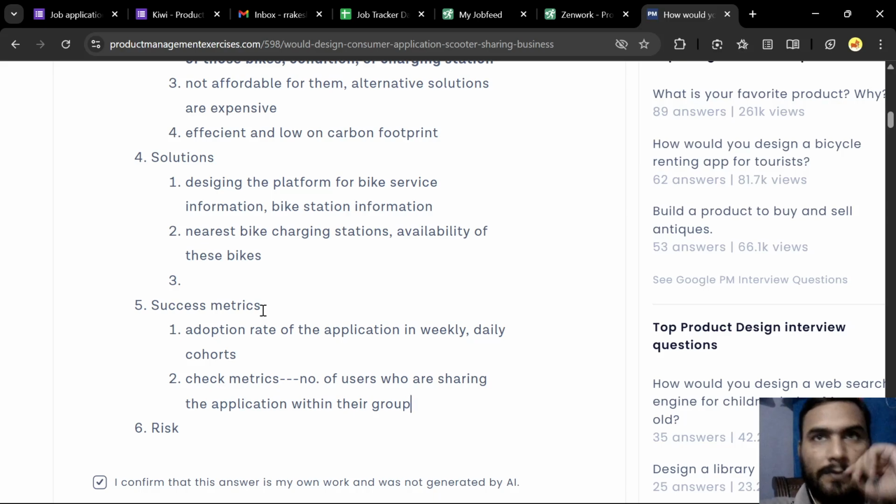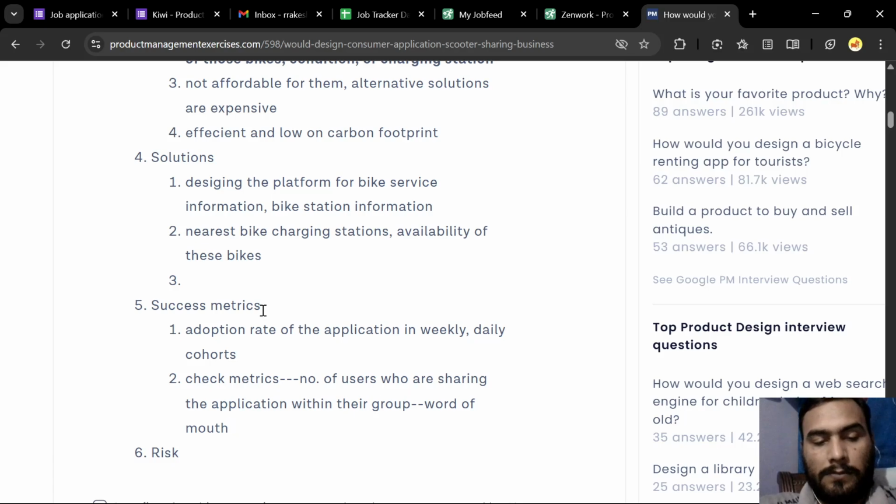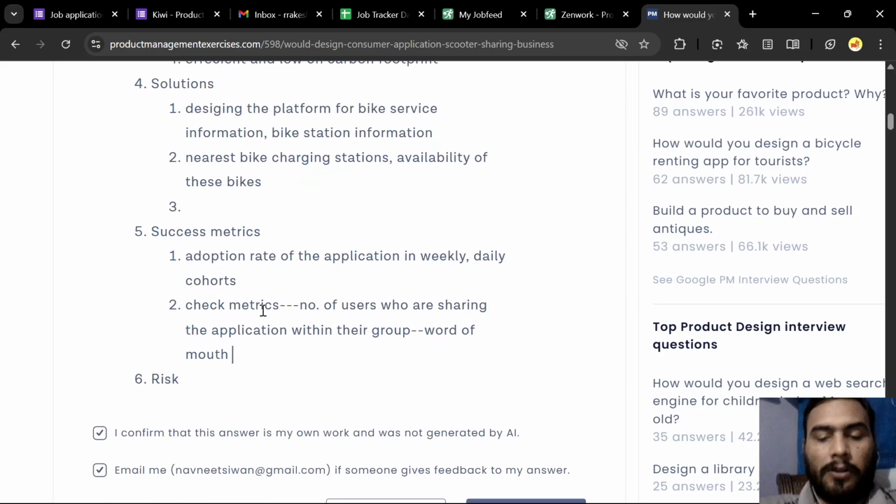This metric, the number of users, or we can say word of mouth, is word of mouth marketing or knowledge.